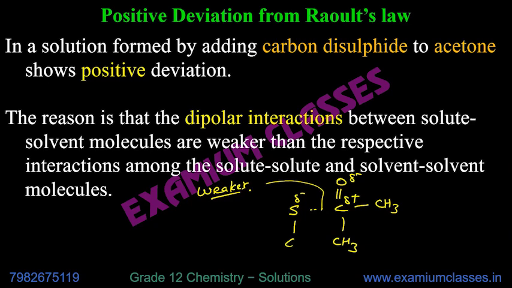First example for positive deviation: ethanol and acetone. Second: carbon disulfide and acetone. Both show positive deviation, but the reasons differ. In ethanol and acetone, the reason is hydrogen bonding in ethanol before mixing. In carbon disulfide and acetone, the reason is weaker dipole interactions after mixing. Dipole interactions existed earlier and also after mixing, but weaker.